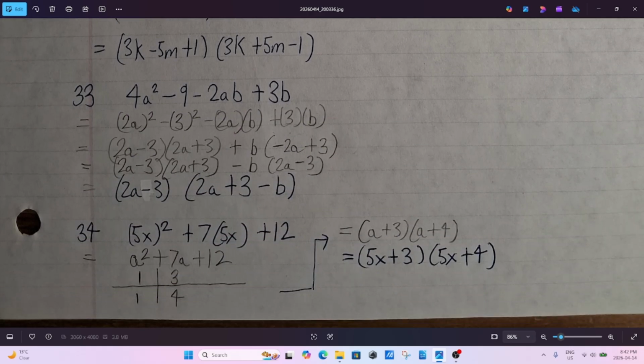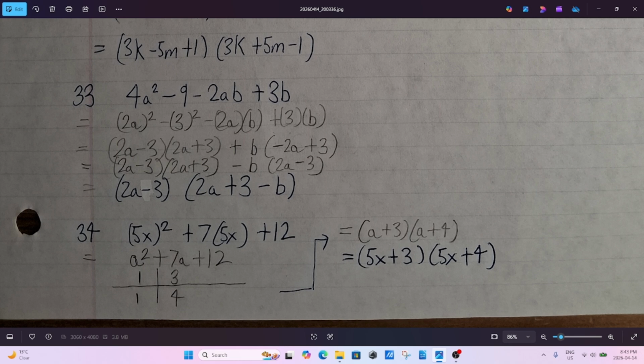Question 33, 4a squared minus 9 minus 2ab plus 3b. So that is (2a) squared minus 3 squared minus 2a times b plus 3 times b. So we can see the b is the common factor for the last two terms.